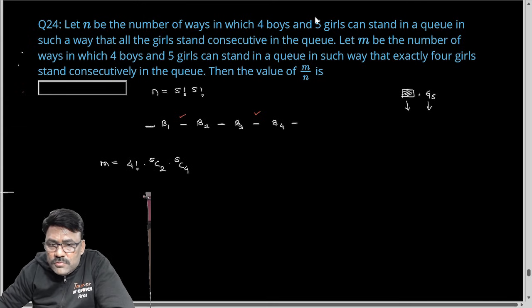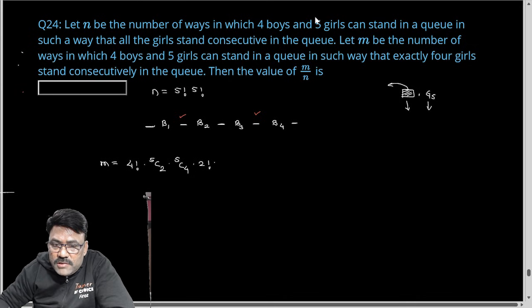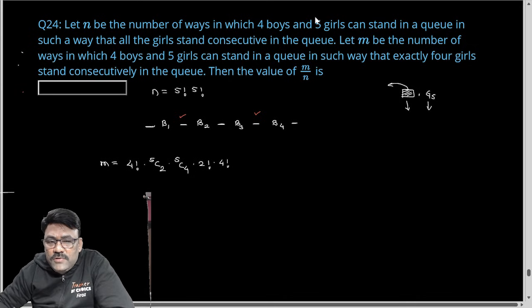Arrange these 2 in the 2 selected gaps in 2 factorial ways. But the 4 girls in the block can be arranged among themselves in 4 factorial ways. So this is m actually: 4 factorial, 5C2, 5C4, 2 factorial, 4 factorial.